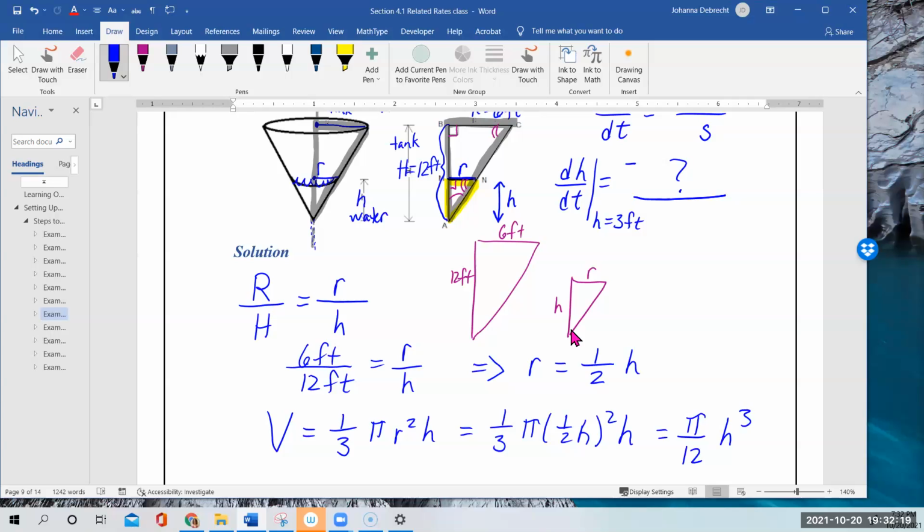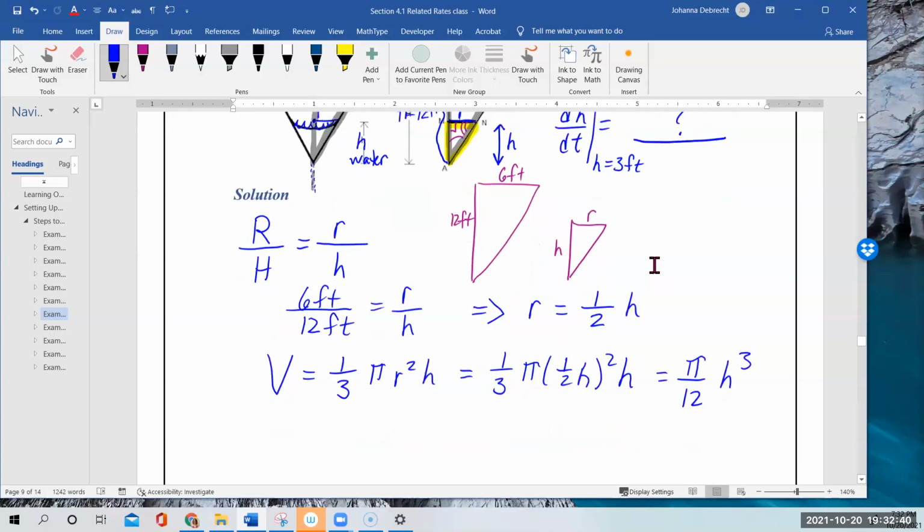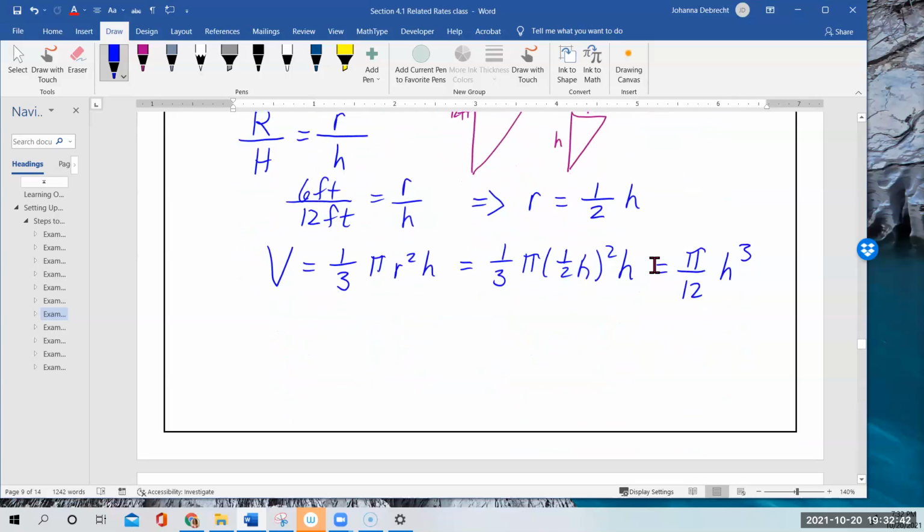Now that I have pi over 12 times h cubed, I need to be able to take the derivative of it. I'm going to take the derivative of both sides of the equation so that I can figure out how the rates of change are related to one another. This is going to involve the chain rule. I'm going to rewrite my equation so that it's a little bit clearer when I take the derivative of both sides.